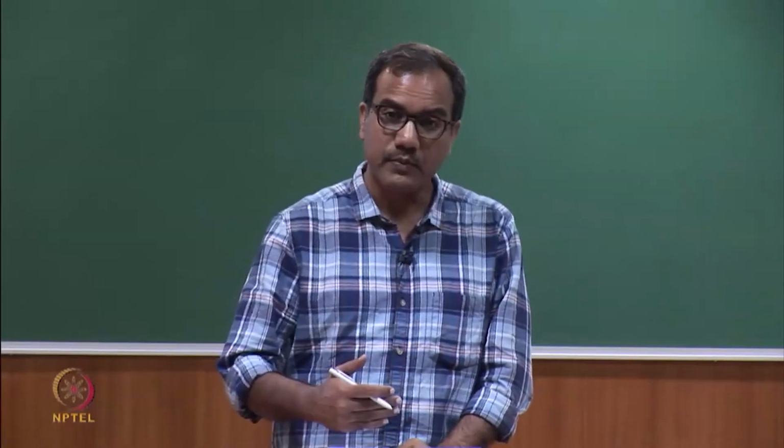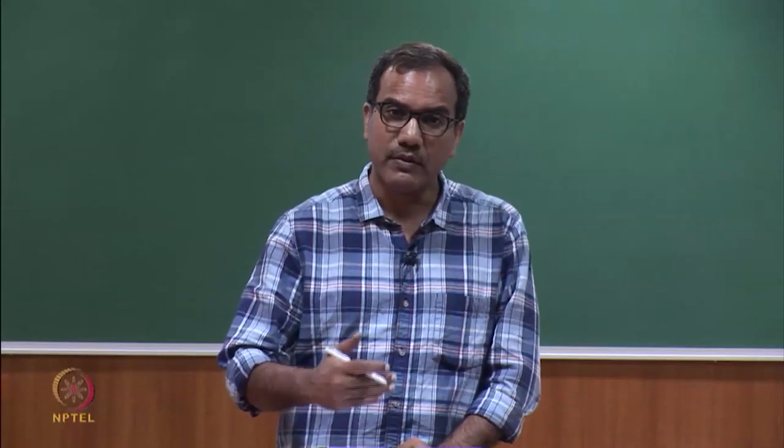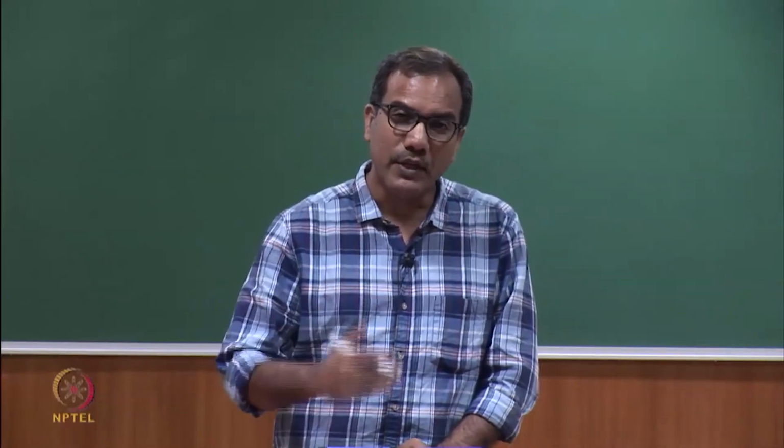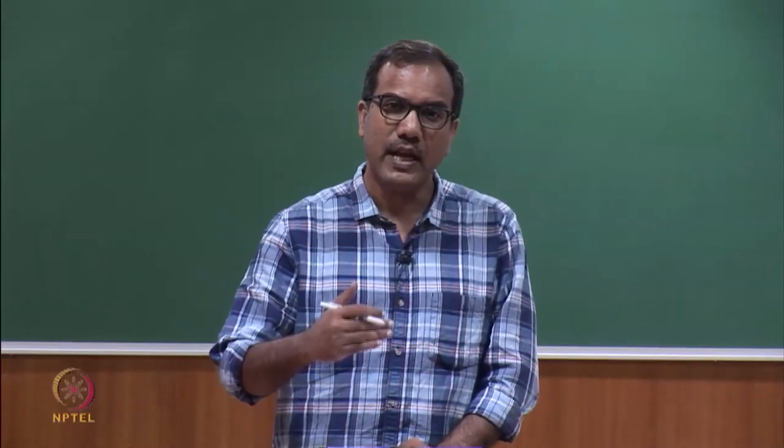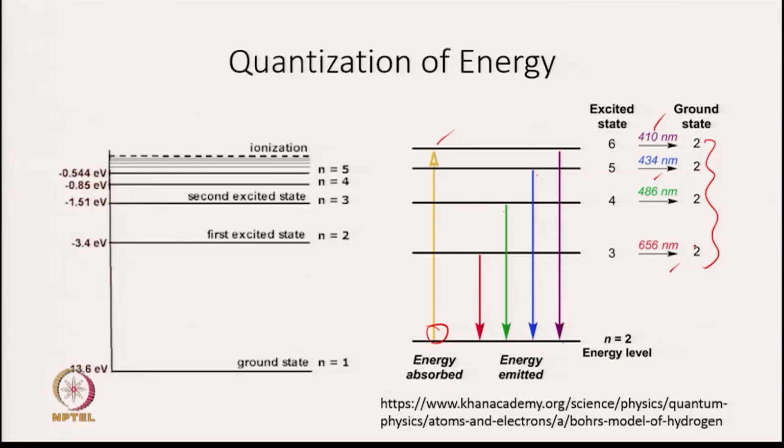So, for absorption, for going from n equal to 2 to n equal to 3, n equal to 2 to n equal to 4, 2 to n equal to 5, n equal to 2 to n equal to 6, you will need light in the visible region.